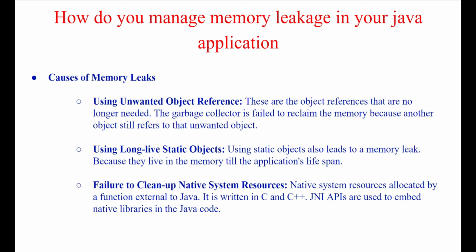Then the resources created by those native systems will not be garbage collected by Java because they don't come under the umbrella of the garbage collector. Garbage collector only understands the objects created by Java. It does not understand the resources created by C, C++ and so on.